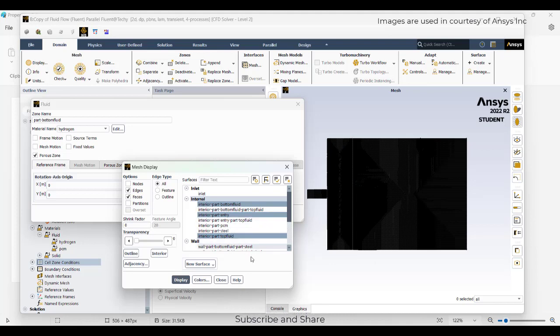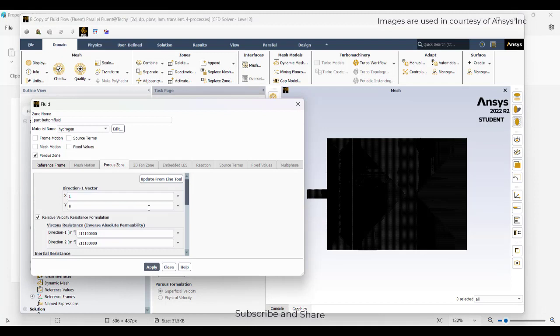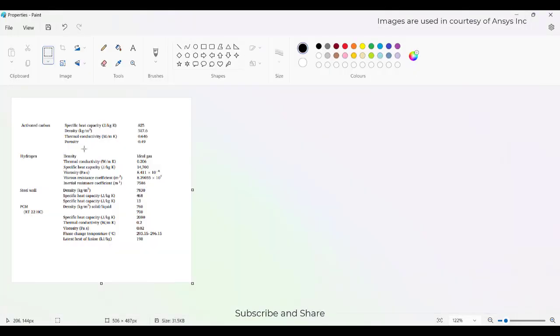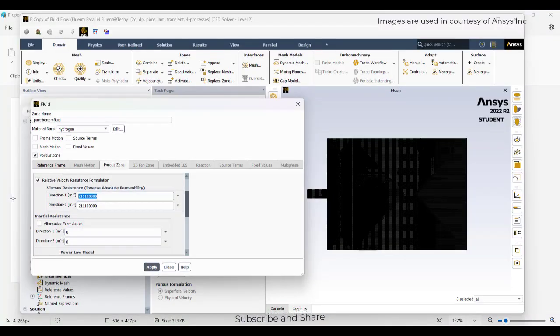Okay. So the bottom fluid is a porous zone where there is an activated carbon onto which hydrogen will get adsorbed. The properties, so the direction vector is 0 and 1. Sorry, it is 1 only, it's correct. So viscous resistance, inertial resistances we'll take from here. For activated carbon and hydrogen, the viscous resistance is 8.290 times 10 power 7.